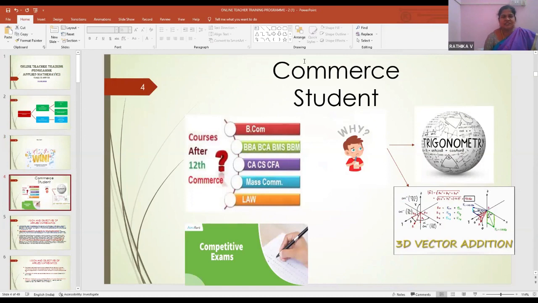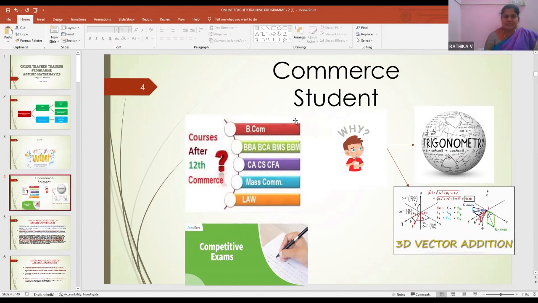I think this applied mathematics is mainly for the commerce students. This question every year the student will have in their mind. After my class 12, I'm going to do BCom, BBA, or some kind of commercial mathematics like business mathematics, or CA, mass communication, law, or competitive exams like IAS, IPS.